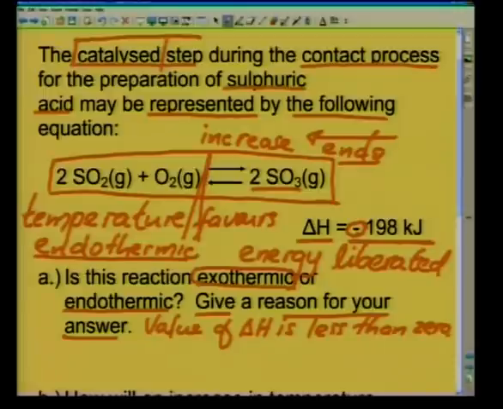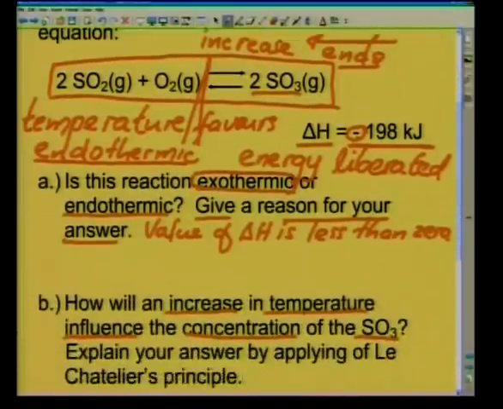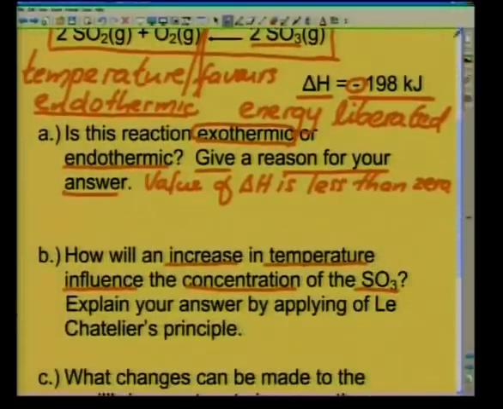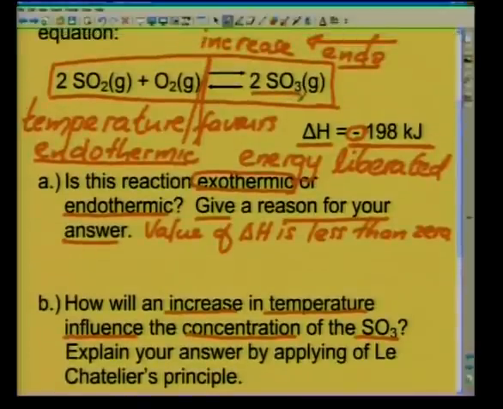So if we increase the temperature, what will happen to the concentration of SO3? SO3 is on the right, and increasing temperature favors the reverse. In other words, more of SO2 and O2 are being formed, and SO3 is actually breaking down to give us O2 and SO2.